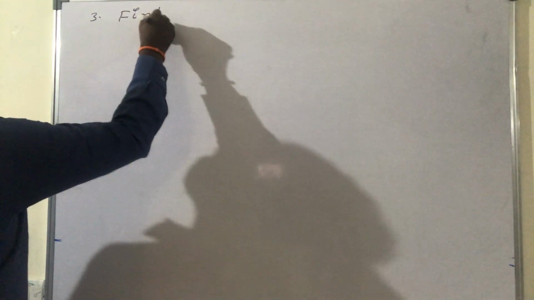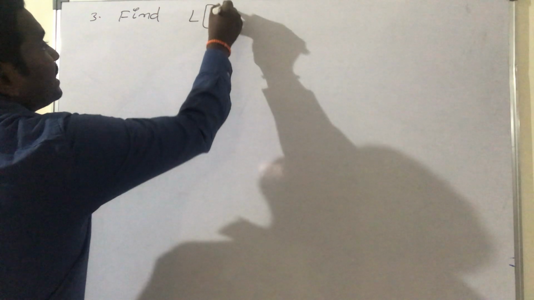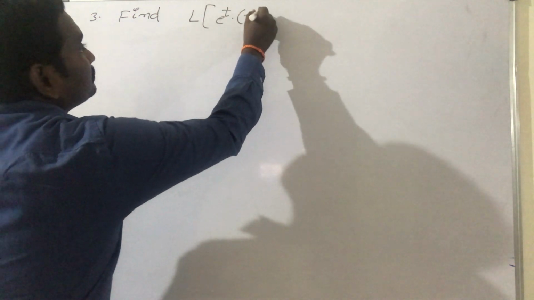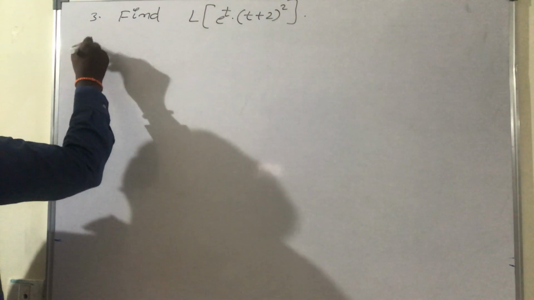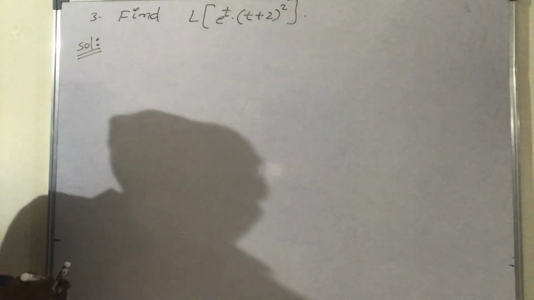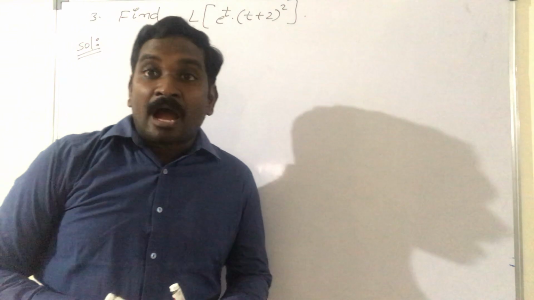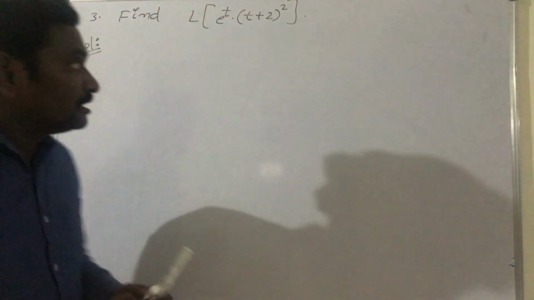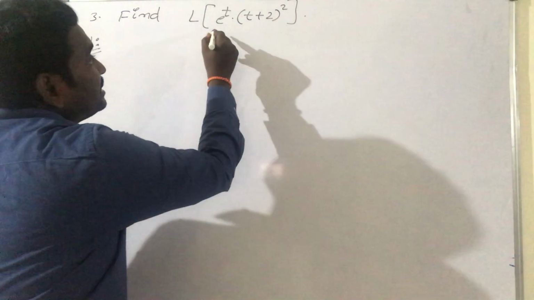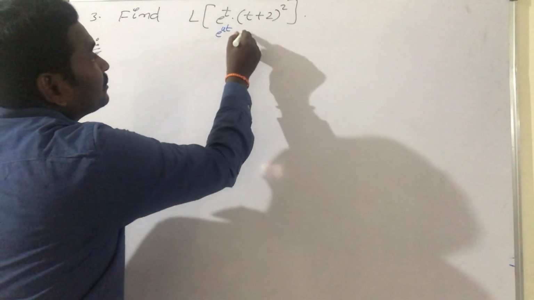Third one. Find L of e power t into t plus 2 whole square. So first of all, observe the structure of the given problem. Here the given problem structure is e power at into f of t.